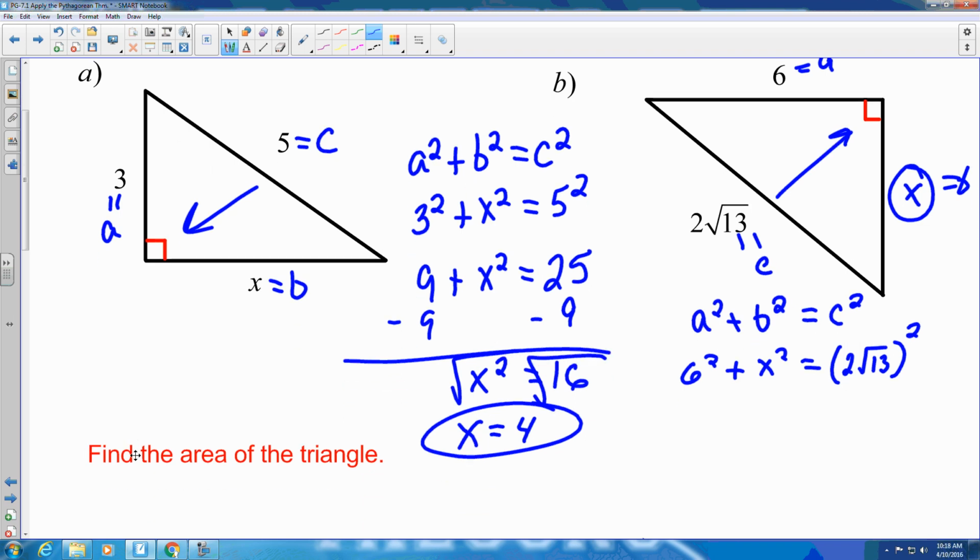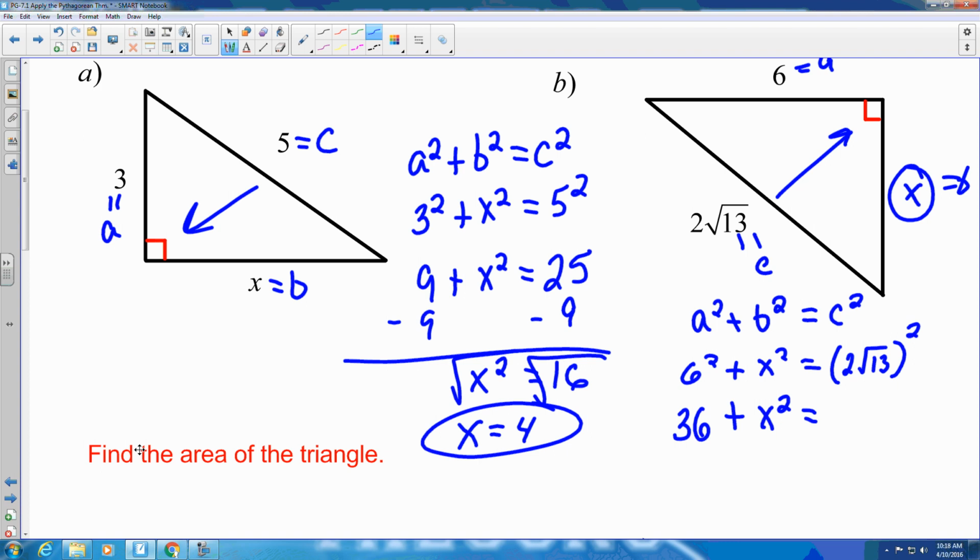The first one, the 6 squared, is fairly simple. 6 squared is 36 plus x squared. Now where it becomes a little bit more challenging is being able to identify the 2 times the square root of 13 squared, okay?